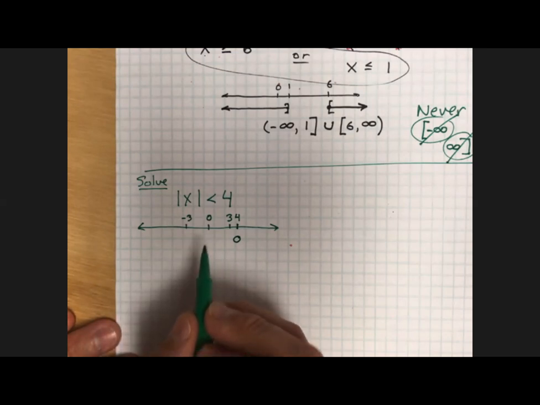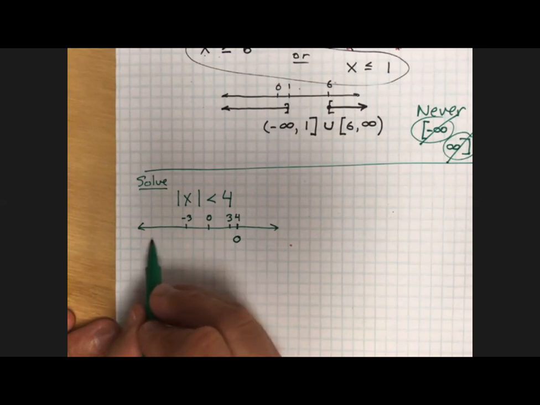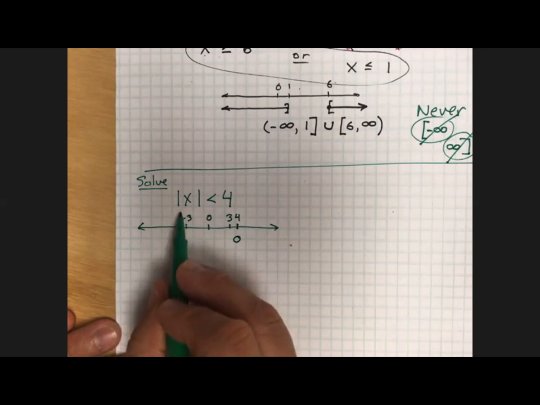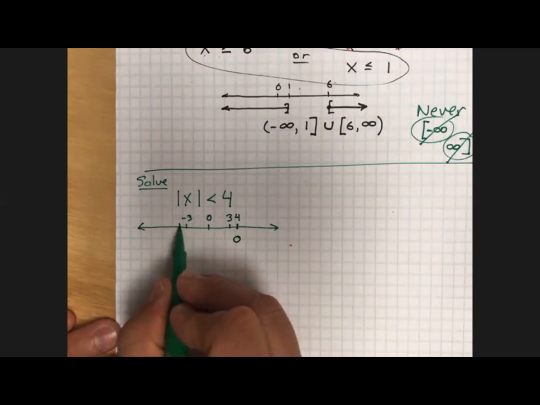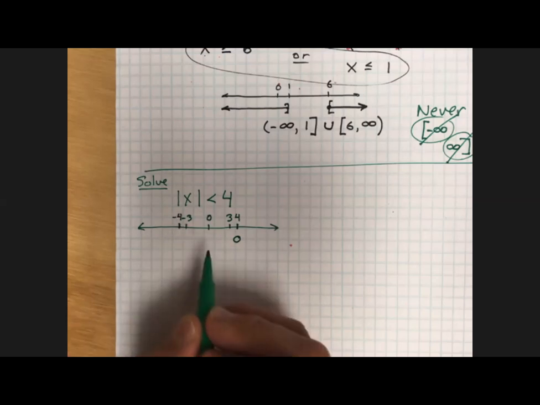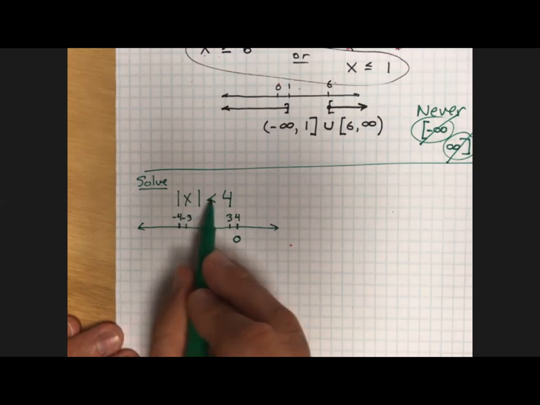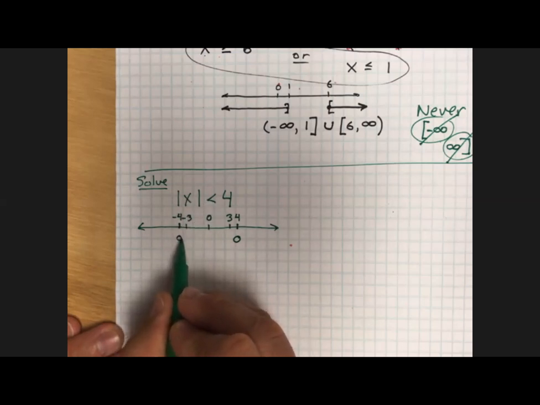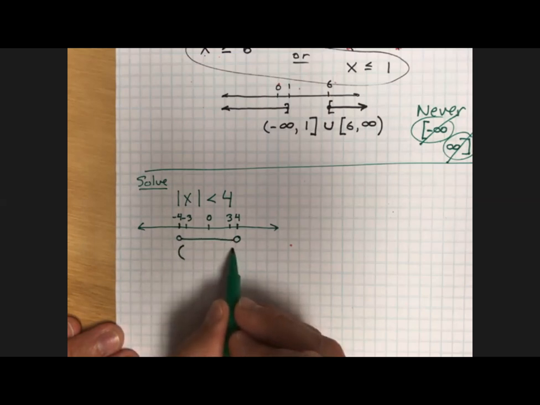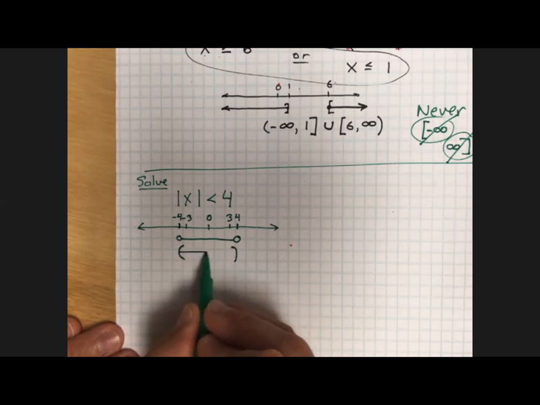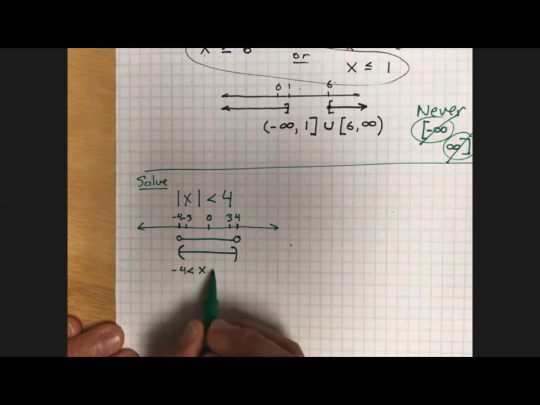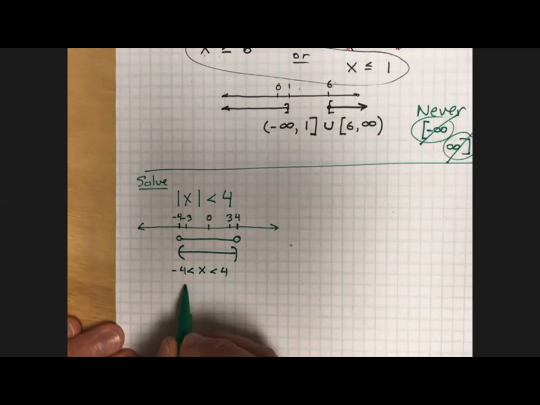Then you say to yourself, whoa, no, you can't go on forever because you get down here to -5. -5 does not work. -10 does not work. -100 does not work. In fact, you already sense where the border is. -4 would not work because 4 is not less than 4. And in fact, at that moment, I have to stop. Or if you like the bracket, round bracket, hard bracket notation, you could say it like that. Or you could say it like this.